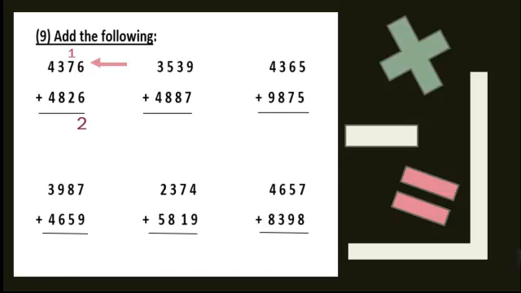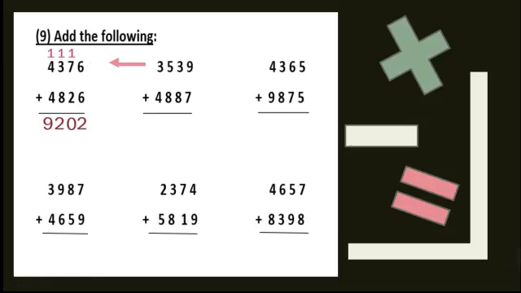Now 1 plus 7 equals 8. And 8 plus 2 equals 10. So I will write 0 and carry up 1. Don't forget to add that 1. 1 plus 3 equals 4, and 4 plus 8 equals 12 again. So I will write 2 and carry up another 1. 1 plus 4 is 5, and 5 plus 4 equals 9.